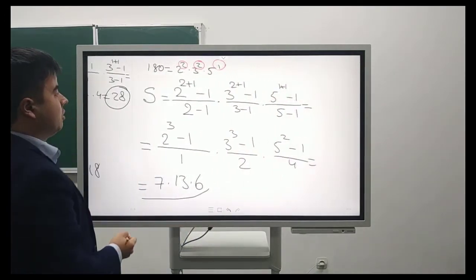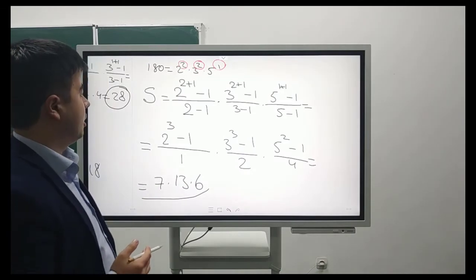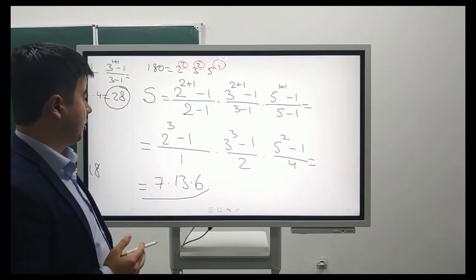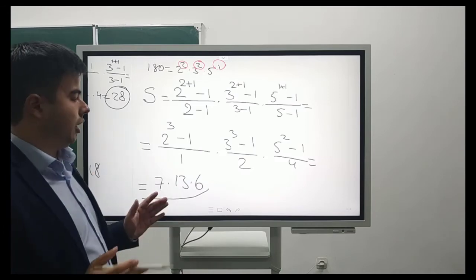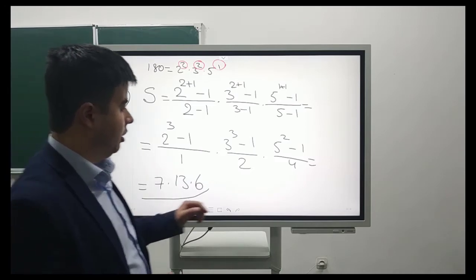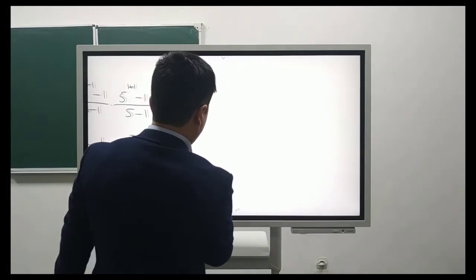So this is the formula for the sum of divisors of a number. By this way we can find it for other numbers also, I mean for big numbers also. Let's write one more example.